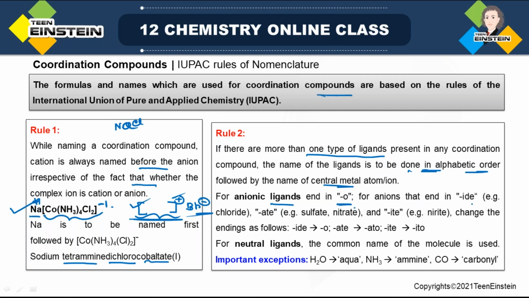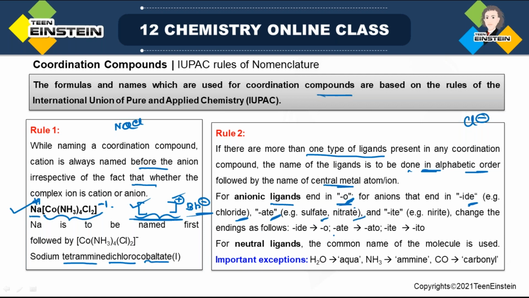For anions that end in ide, for example chloride, Cl minus, how are we writing it? Chloride or bromide. So it will be ide in some cases, O in some cases, and ate in some cases, that is sulfate, nitrate.